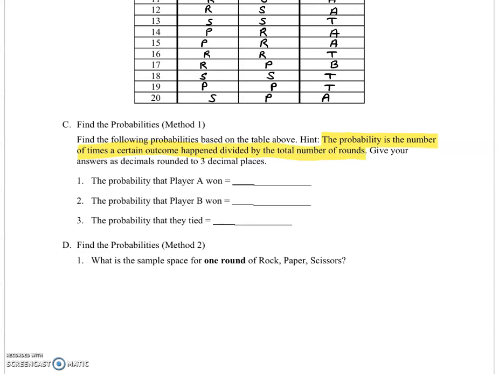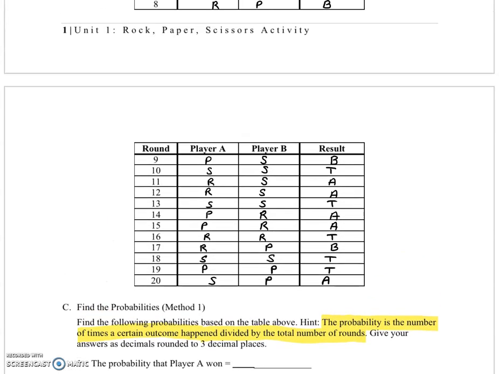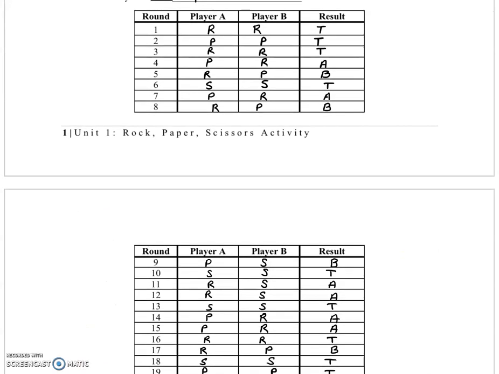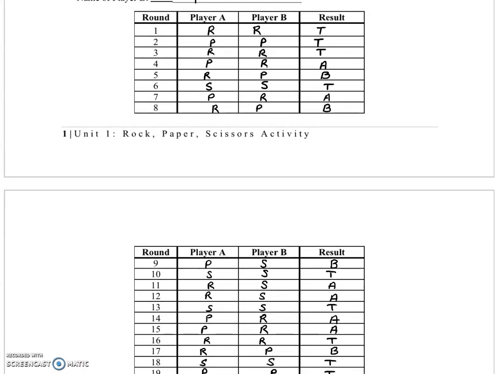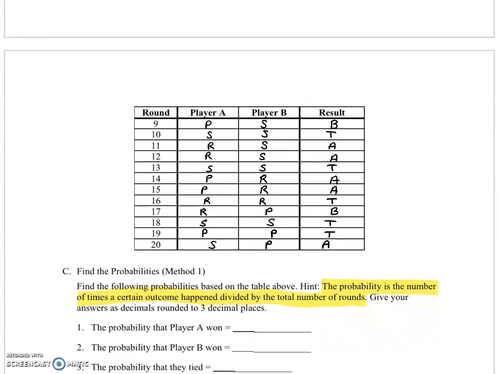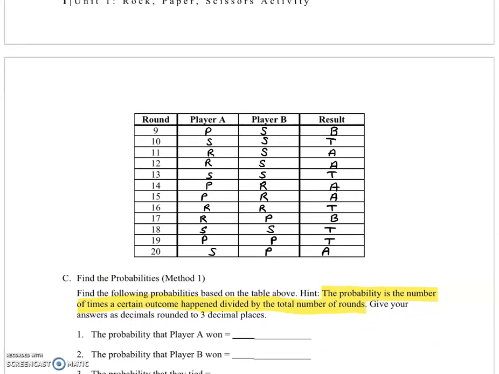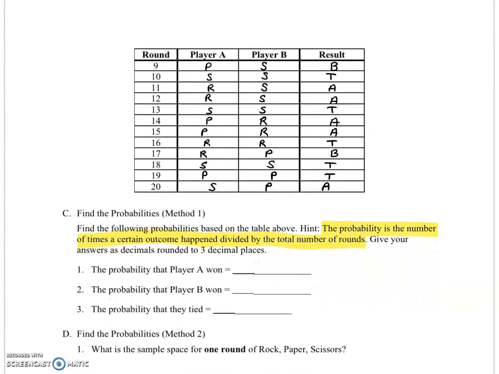So, for example, based on this game I just played, what's the probability that player A won? Well, let's count how many times player A won. So I see 1, 2, 3, 4, 5, 6, 7. I see player A won 7 times out of 20 trials.